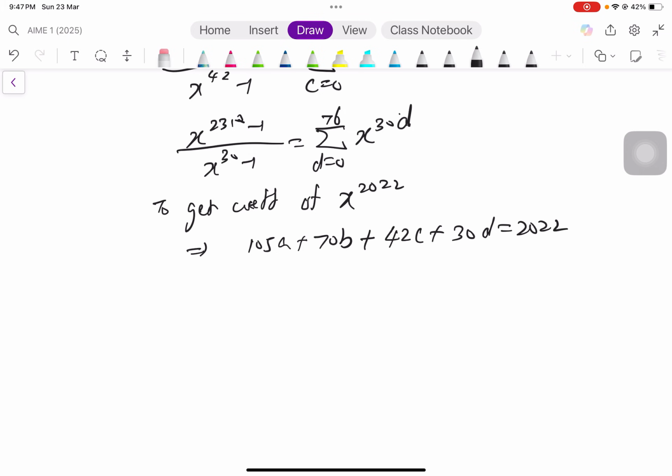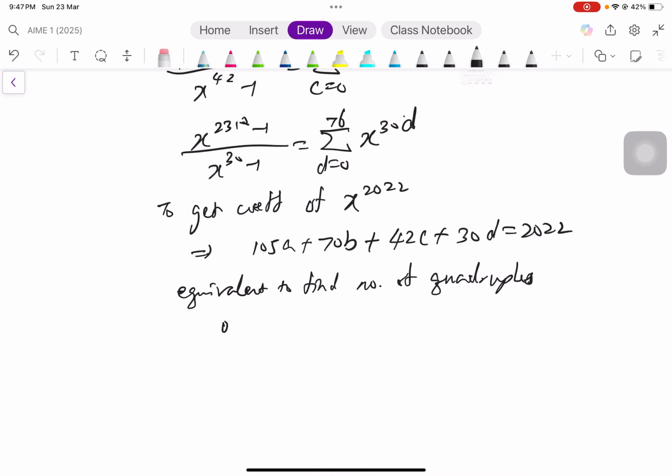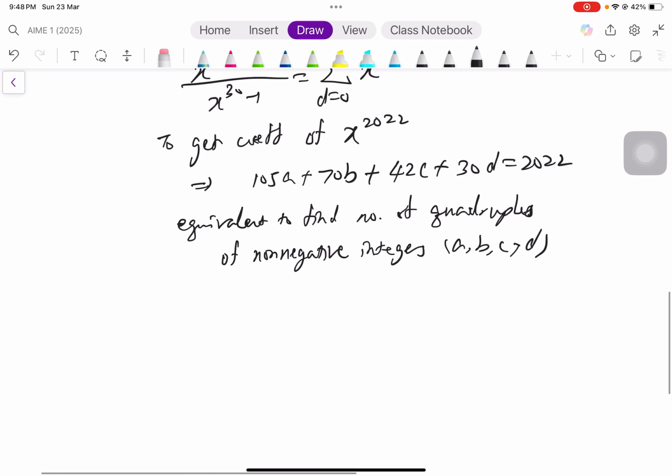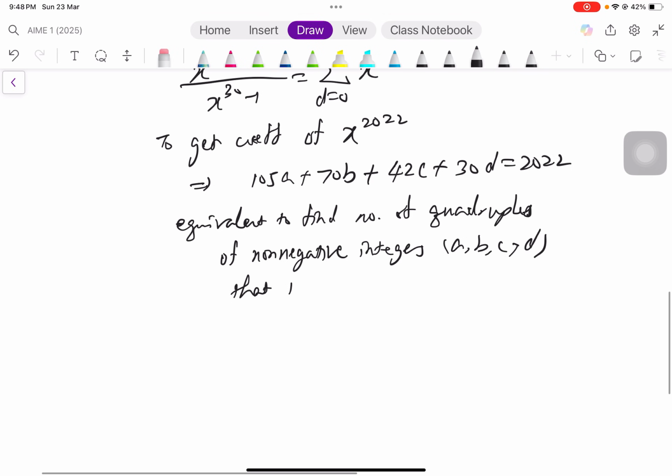That means actually this question is the same as finding, therefore in this case, this is equivalent to finding the number of quadruples of non-negative integers a, b, c, d that satisfy the equation.